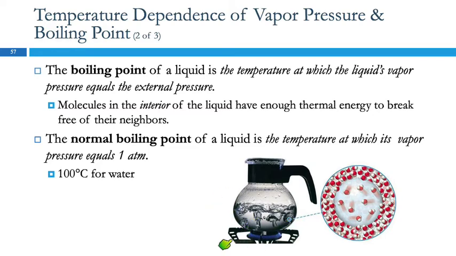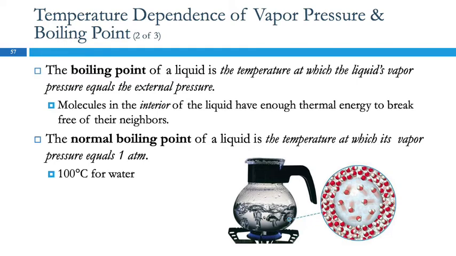There's a pot of boiling water. Those bubbles are water vapor, water in the gas state. The vapor pressure of those is the same as the external pressure. And so bubbles of gas will just appear in the liquid. They're always going to float to the surface because they're much less dense than a liquid.